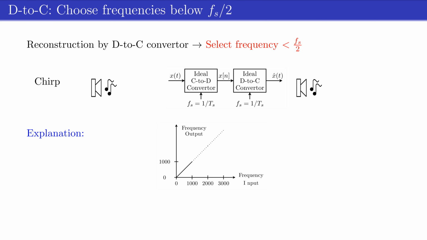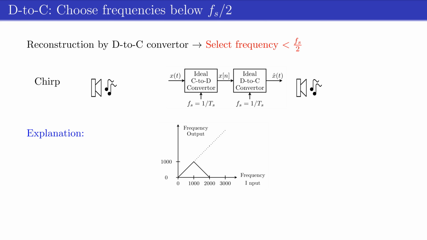The continuous time input signal can have any frequency, while the frequencies of the resulting continuous time output signal are restricted to half the sampling frequency, which equals 2000 divided by 2 is 1000 Hz for this example.